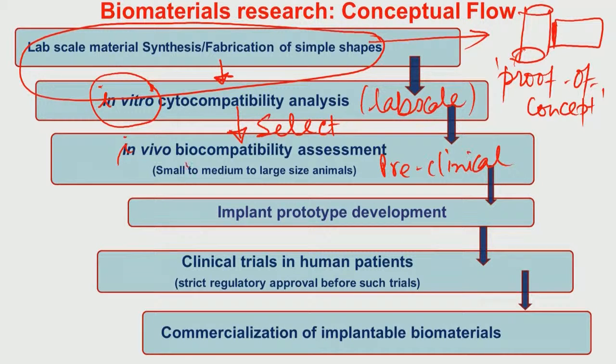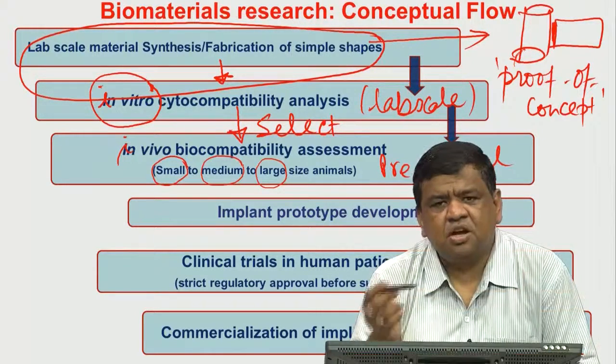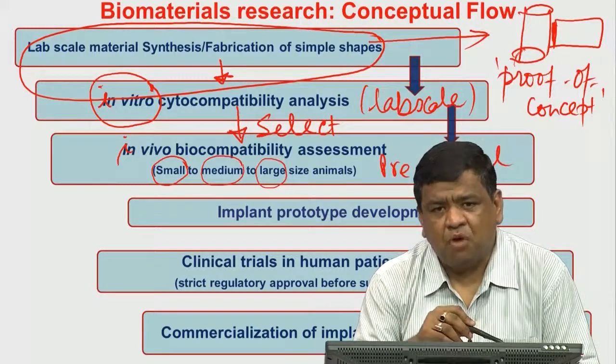Now, the rationale of doing this preclinical study I have mentioned before. One is to start with a small animal model, then go to medium and large animal models to validate the biocompatibility results which are obtained with the small animal model.